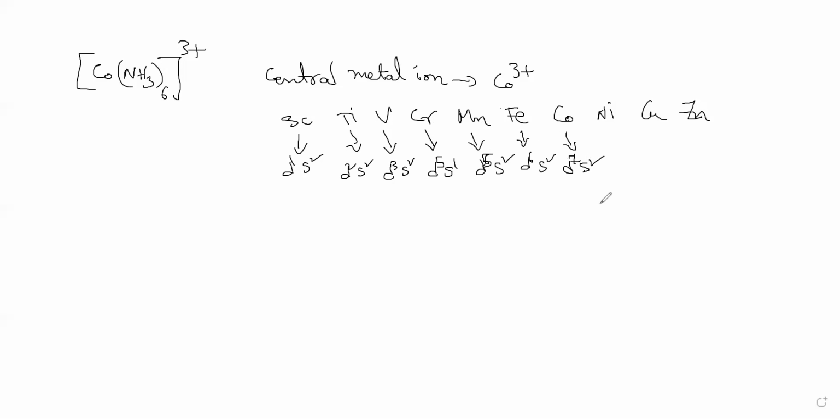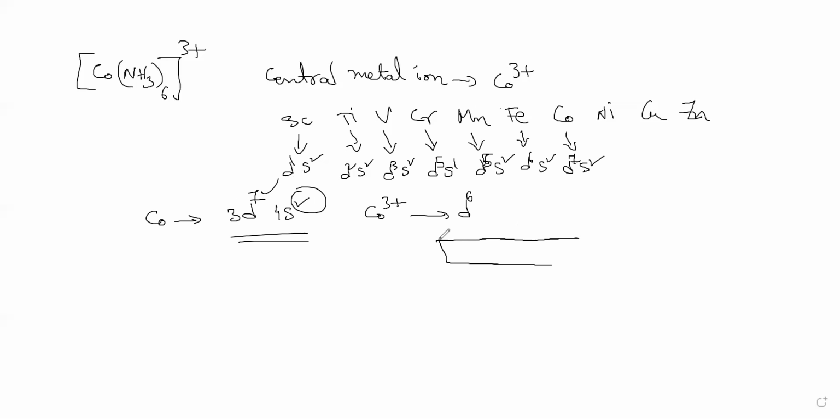So the cobalt configuration is 3d7 4s2. Now cobalt 3+ means 3 electrons will go off: 2 from 4s, 1 from 3d. So you will end up with a 3d6 configuration. Let us see what happens.